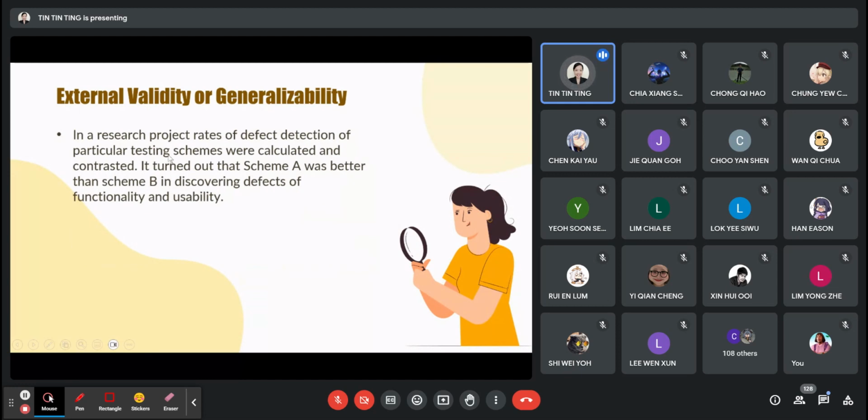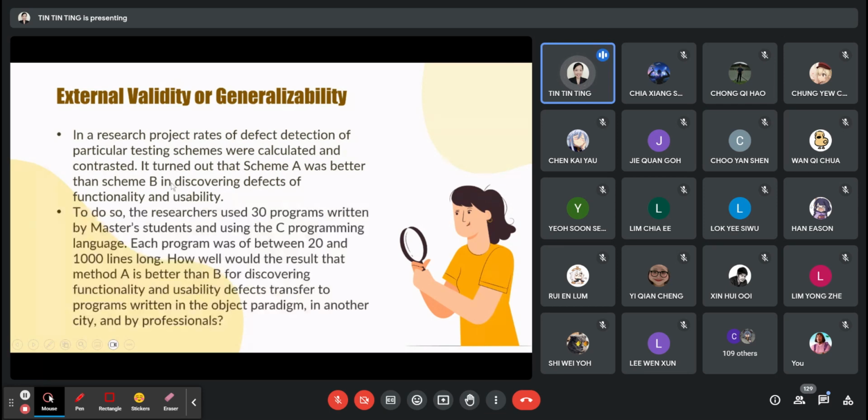In a research project, rates of defect detection of particular testing scheme were calculated and contrasted. This is one example. It turned out that scheme A was better than scheme B in discovering defects of functionality and usability. So they want to carry out a research.